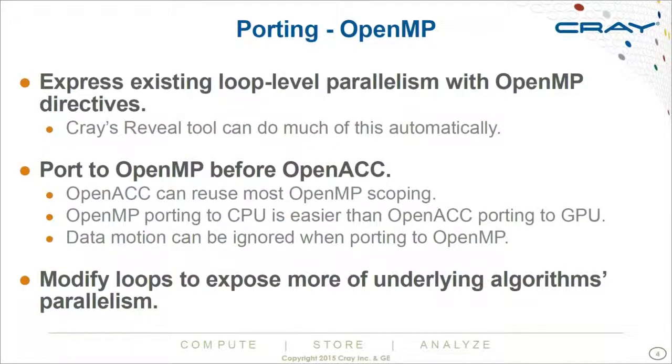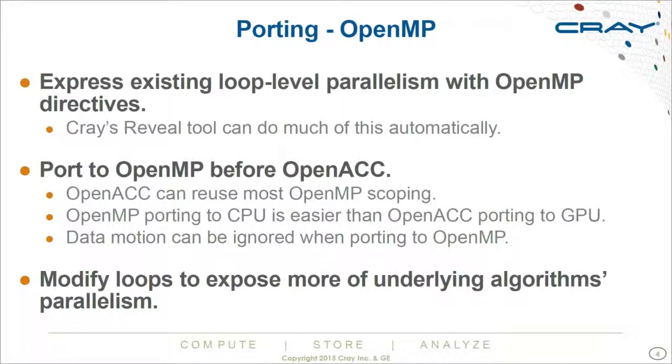And I think most importantly, things that are scoped shared in OpenMP are really highlighted as things that are going to require data motion potentially for OpenACC. So if you port your code to OpenMP on the CPU first, then when you follow up later to do your OpenACC port, I think you'll find that a lot of the work has already been done, and there's some fine-tuning that will remain.